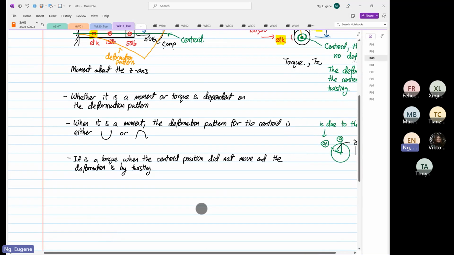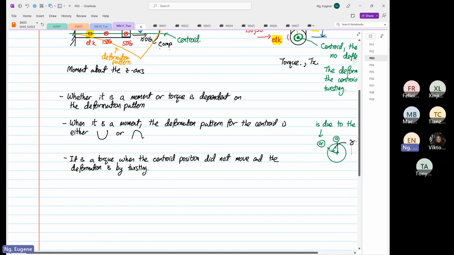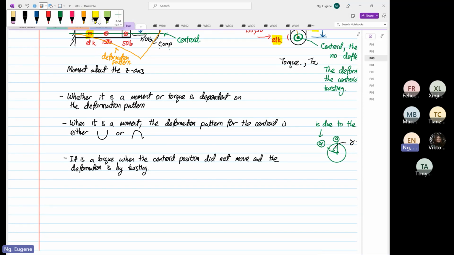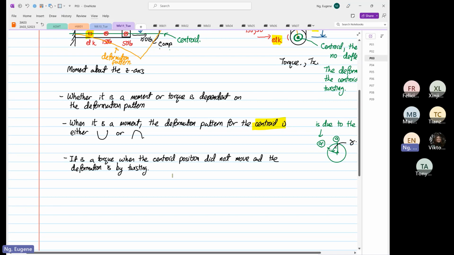When it's a moment, the deformation pattern is either a smiling face or a sad face. When there's a torque, the centroid position does not change, and the deformation is by rotation or by twisting.